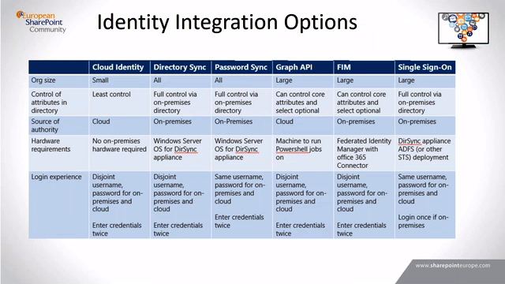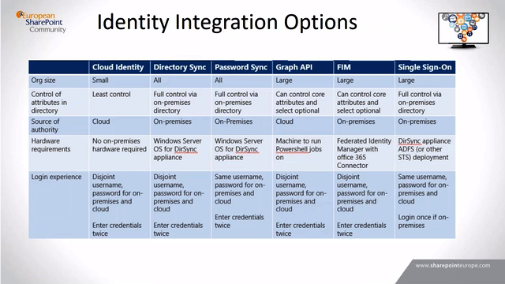Cloud identities is a small organizational identity management solution. Directory synchronization and password sync is the mandatory requirement for any large or medium-sized enterprise customer that would like to leverage the existing local Active Directory username and password for authentication.